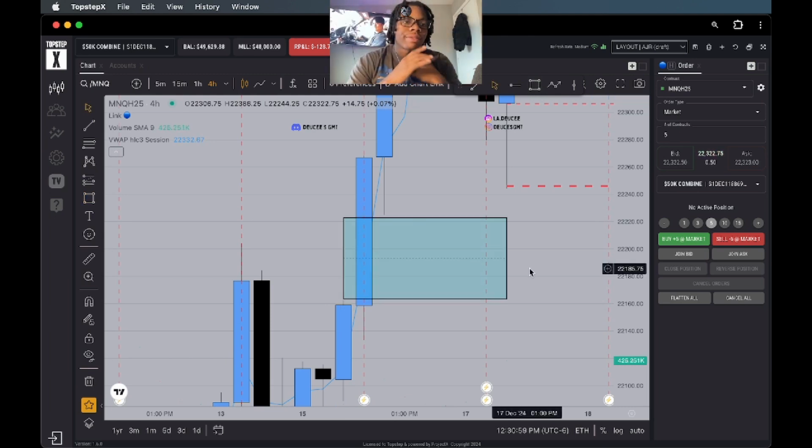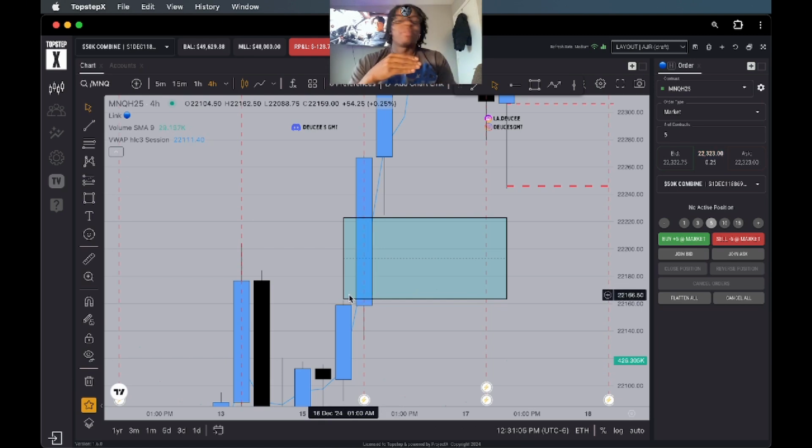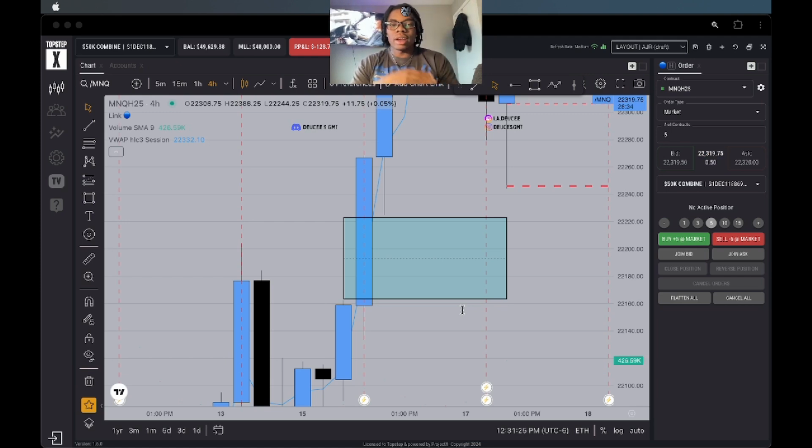The reason why I say the fair value gap acts like a break is that when we see a fair value gap, we wait for price to come back into it, at least 50% into the fair value gap. That's why this dotted line is here. So what we need to see in this situation is a close inside of our fair value gap.